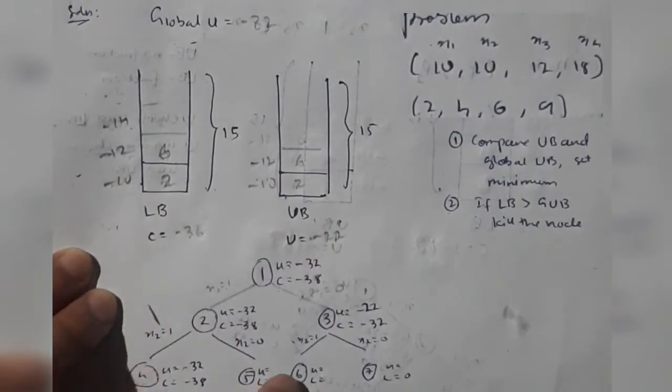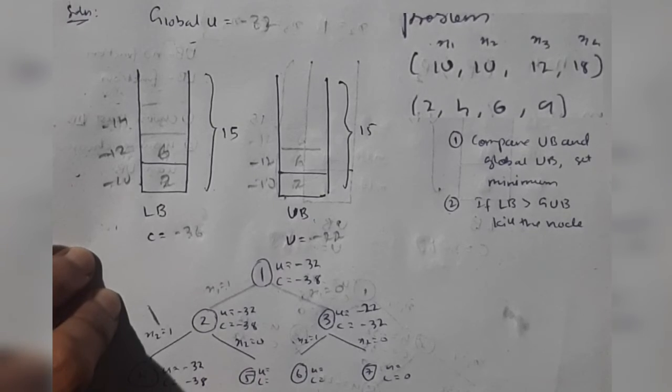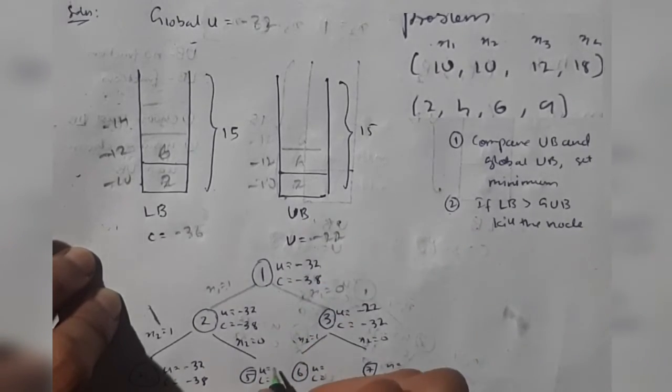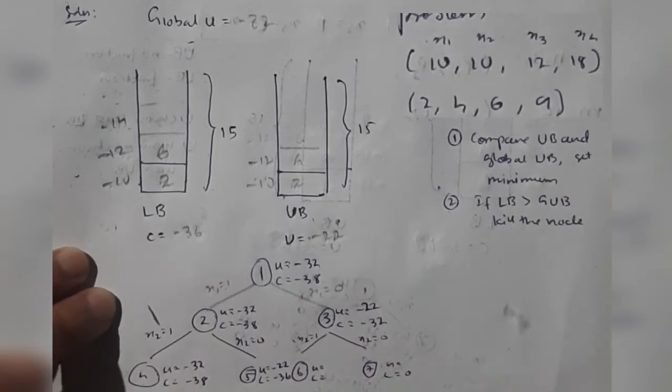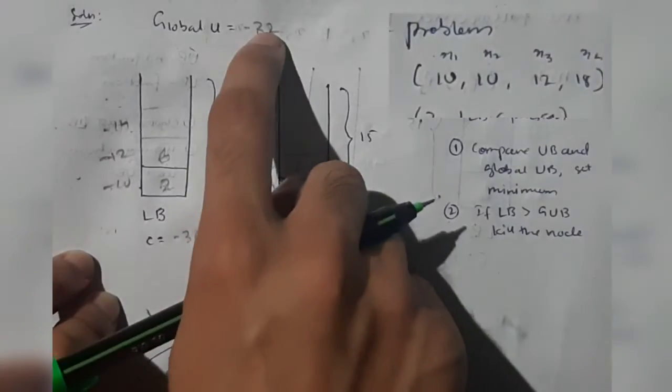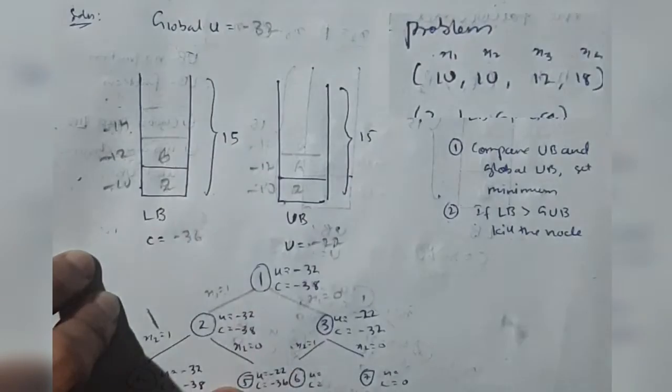So we'll be noting down these both values here in the fifth node, minus 22 and minus 36. Now is this node valid or not? U is minus 22, it is minus 32, so the smaller one is minus 32, we'll keep it as it is, and C is minus 36. Minus 36 is smaller than minus 32, so this is also a valid node.